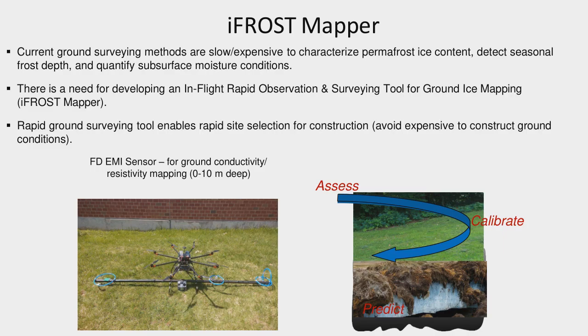And then finally, just to give you one more sensing technology that we are developing: we are developing an EMI system to put on drones to map permafrost in Alaska. The idea here is that the sensor will fly at different elevations, and we will be collecting vector data sets.